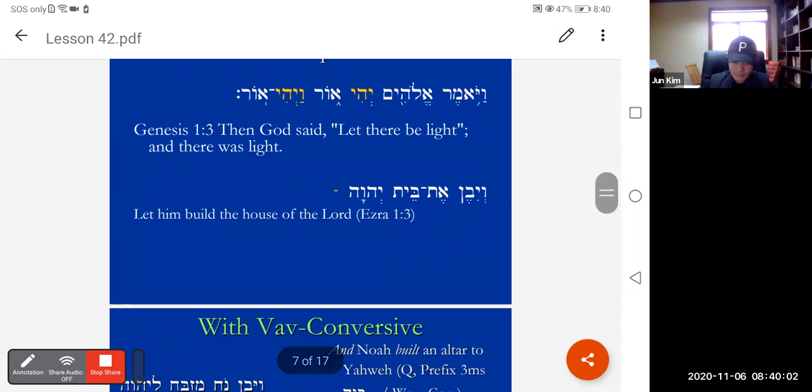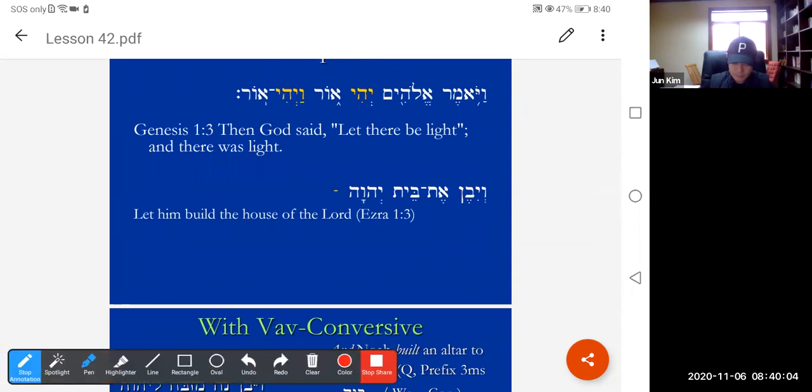Here we have an example. Vayomer, please don't be confused. Some of you analyzed it as a participle form because of the holem above the prefix pronoun. You need to really pay attention to this.